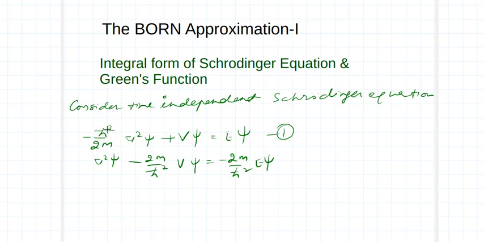Basically what I did, I multiplied both sides with minus 2m over h cross square. Let me simplify it, bringing this term to this side and that term to the other side. Then it is del square psi plus 2m over h cross square E psi is equal to 2m over h cross square V psi.